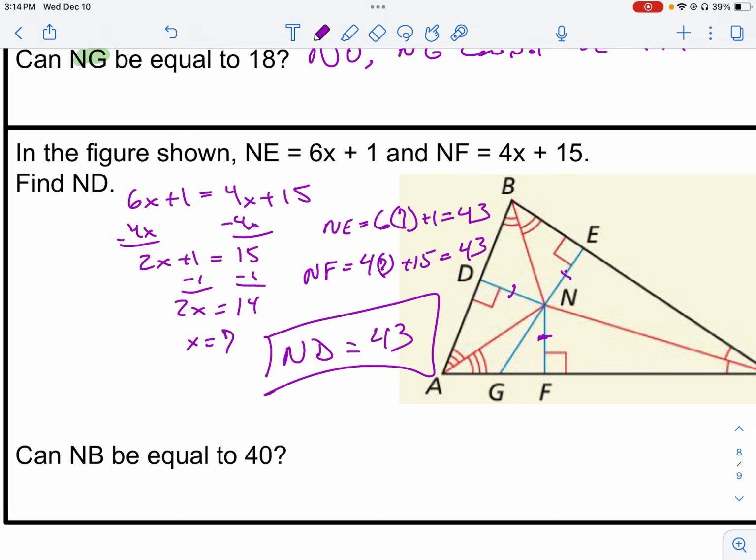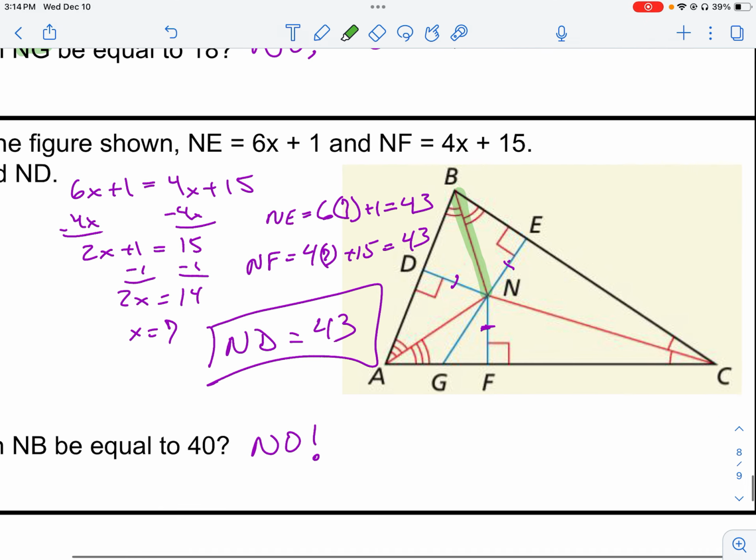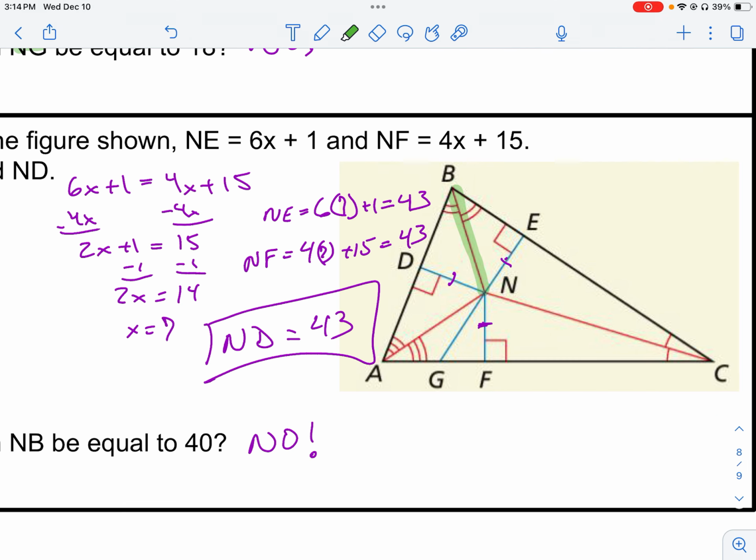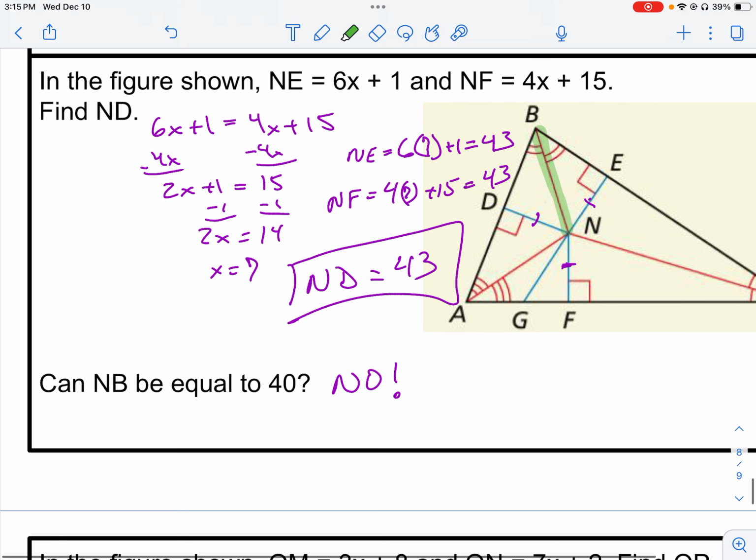And can NB be equal to 40? No, because just like in the question above, NB is not at the perpendicular. We have a distance at the perpendicular for BC or for AB, that's 43. So NB cannot be 40 units.